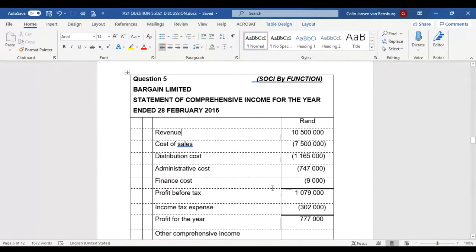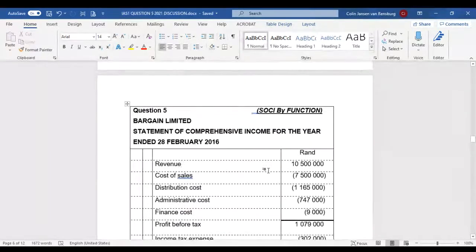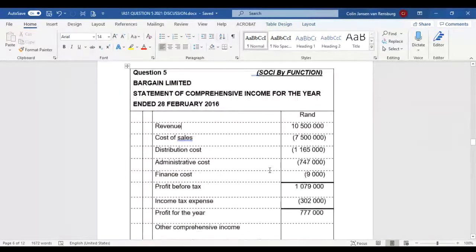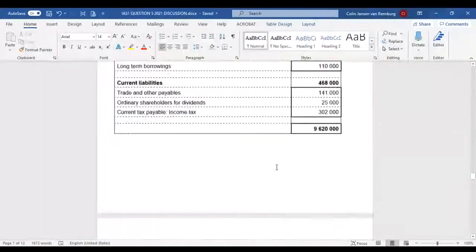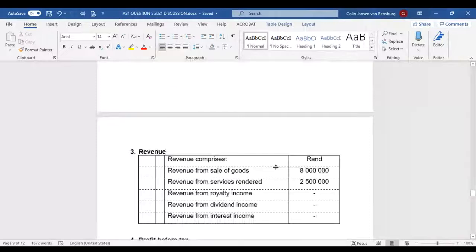While we're there, we already saw that the revenue note is one of the things that they require from us. So this might be a good idea to do it now, right? Let's go to our revenue note. There are some notes that we've got to go and provide. So let's go and do the revenue note while it's fresh in our heads here.